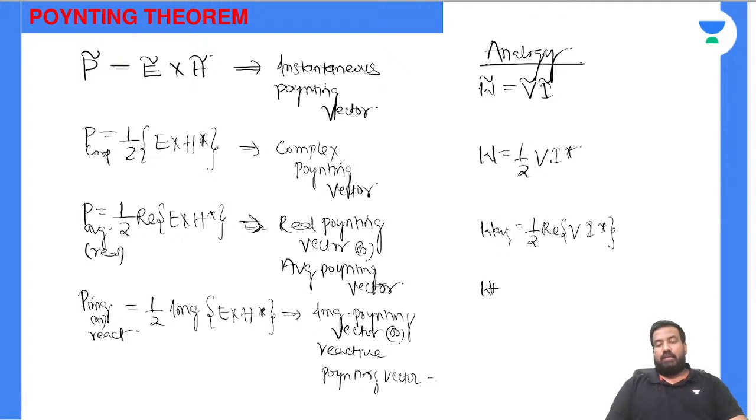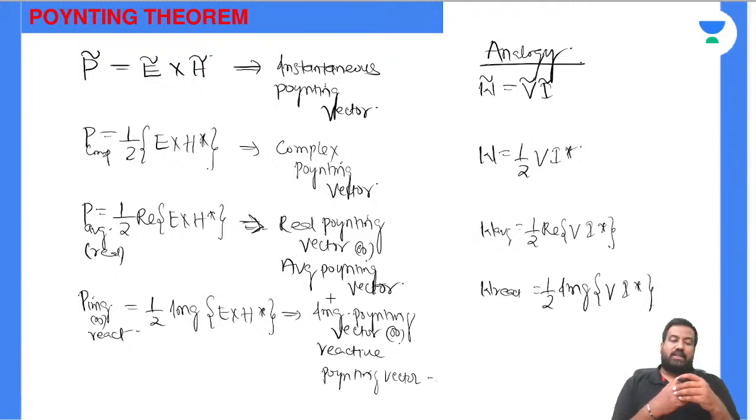Here W reactive is 1 by 2 imaginary part of V into I conjugate. This is the analogy here. And for most practical cases, the power that we utilize or consider is the average power or the real power.